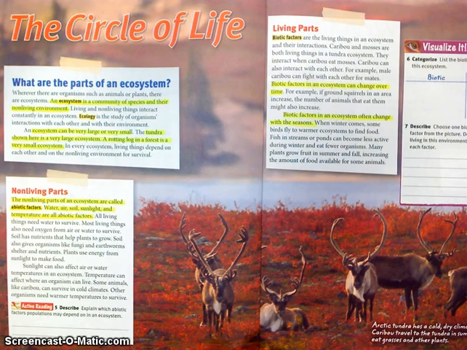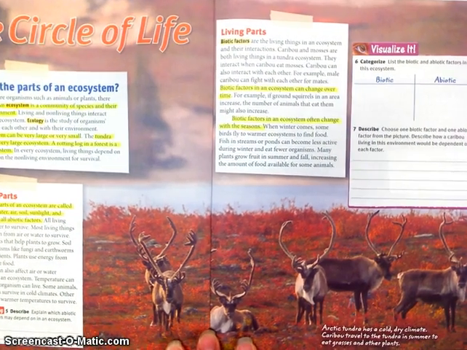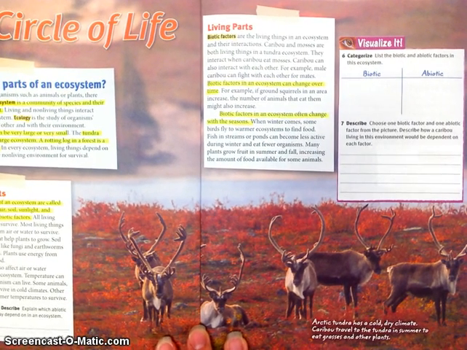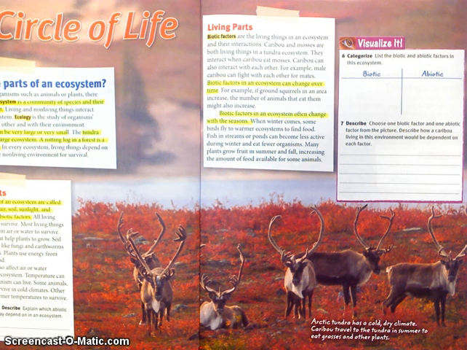All right, if you'll look on page 495, let me slide this over a little bit. There is a place for you to categorize. So list the biotic and abiotic factors in this ecosystem. The ecosystem they're talking about is the Arctic tundra ecosystem that you see. Biotic factors would be living things such as the moose or the caribou, the mosses and the other plants that are around them.